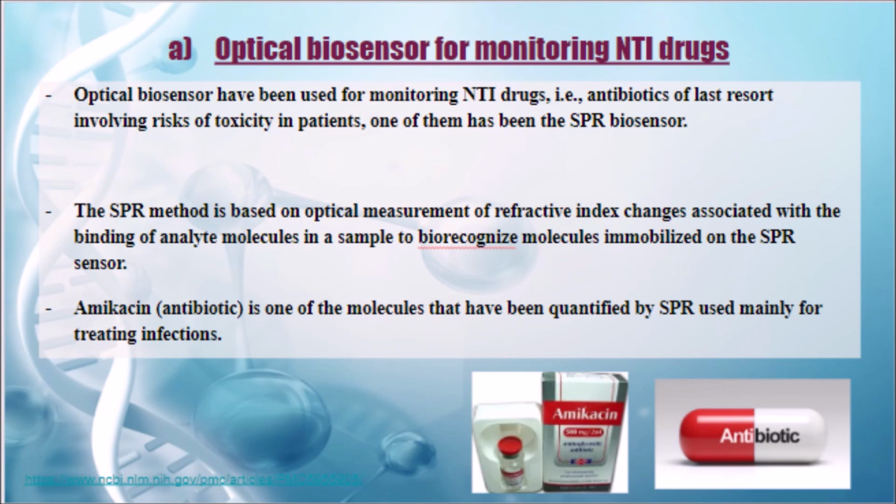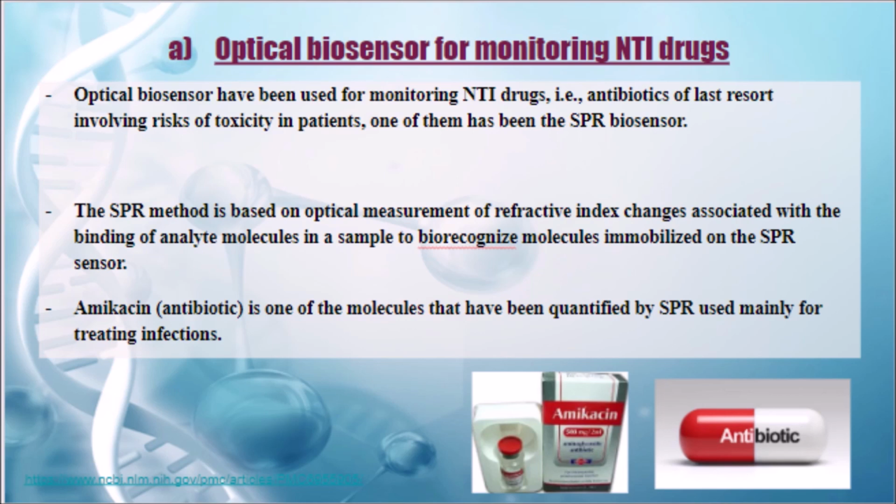Next, I will be discussing optical biosensors for monitoring anti-eye drugs under medical diagnosis. So optical biosensors have been used for monitoring anti-eye drugs, for example antibiotics of last resort involving risk of toxicity in patients.